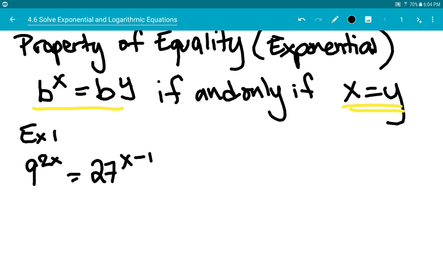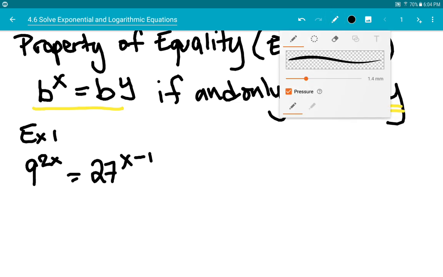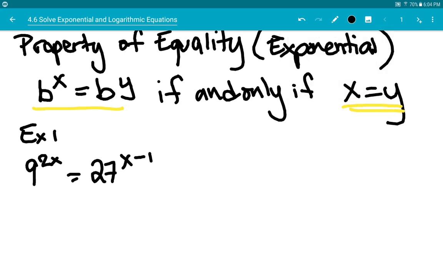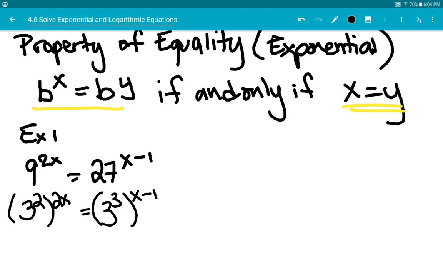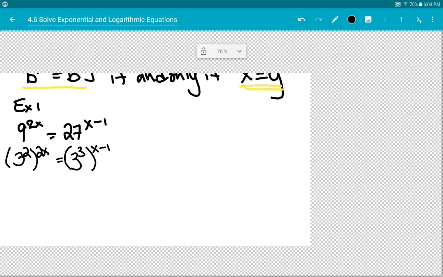What we need to do is find a base that both 9 and 27 share. If you notice, they both are powers of 3. So we can rewrite this as 3 to the second power to the 2x power equals 3 to the third power to the x minus 1 power. Notice that we're forcing both of these to have the same base.